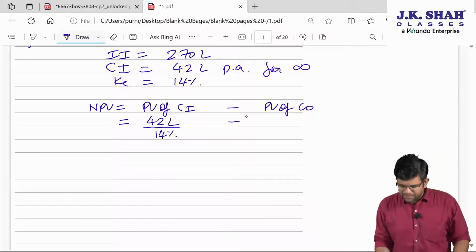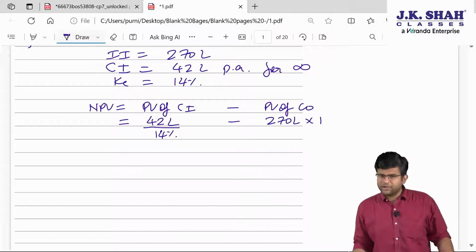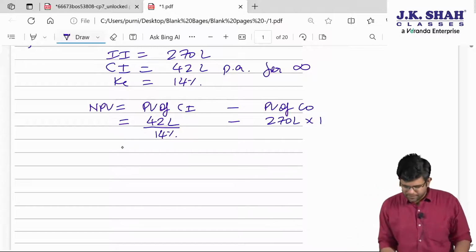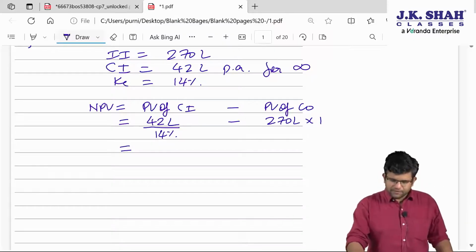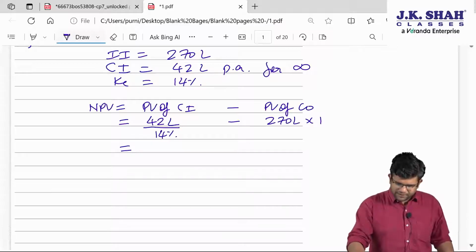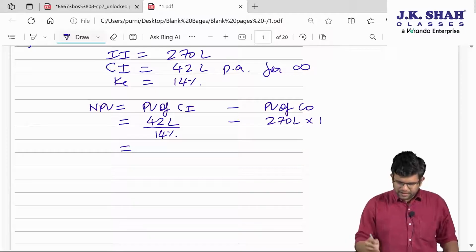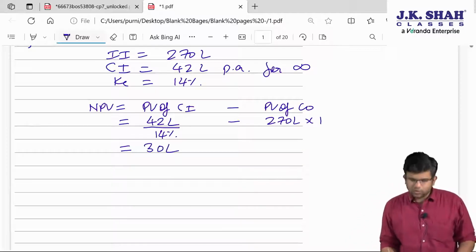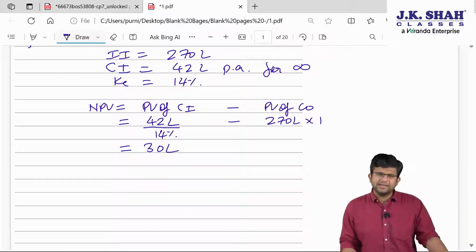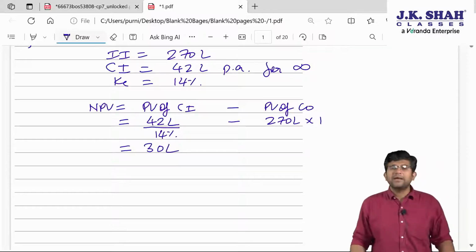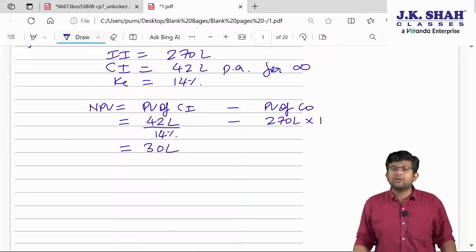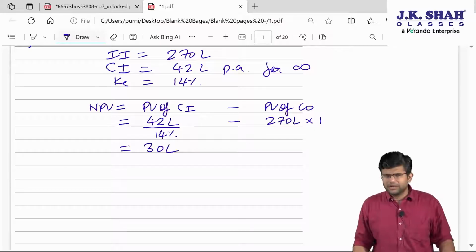Then minus 270 lakh into 1, because it is the initial investment and the discounting factor will be 1. If we solve this, 42 divided by 14% minus 270, we get 30 lakhs as the NPV of this particular project if it was completely equity financed. Is the story clear? Great.